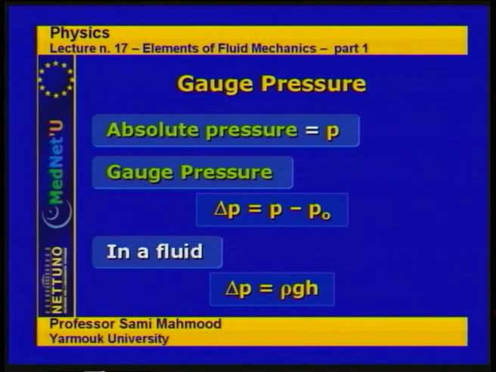So inside a fluid at a depth h, the gauge pressure is simply rho times g times h: the density of the fluid times the gravitational acceleration g, 9.8 meters per second squared, times the depth h at which that point lies inside the fluid.